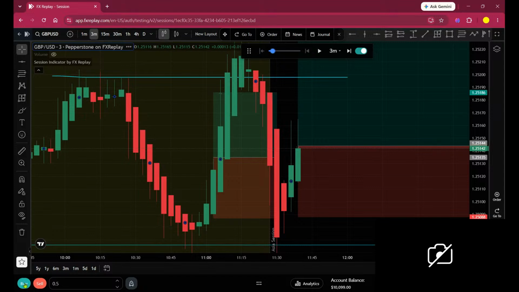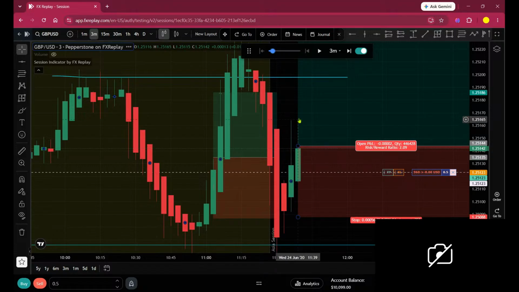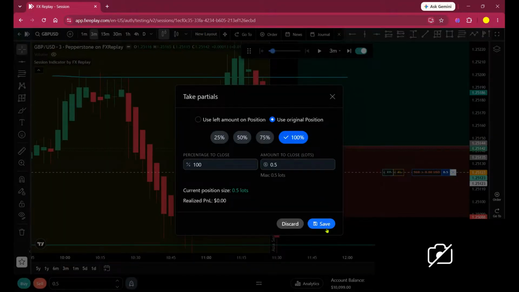Also, if you put a buy trade right now, the buy trade will show that your market is here, which is almost near the low of that 3 minute candle, right? It is not satisfying our cat area, so we can close this one.